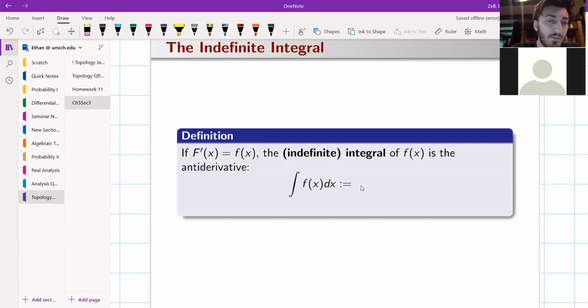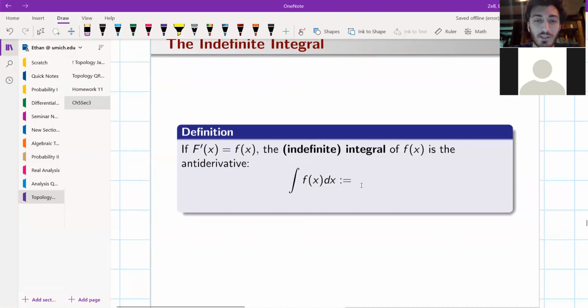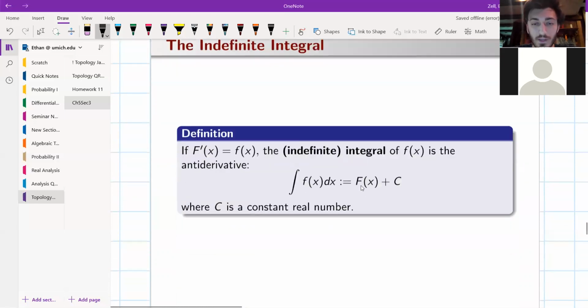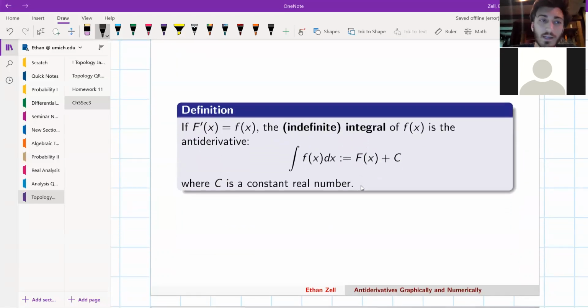So notice the main difference is the indefinite piece, right? The definite integral had bounds here, like 0, 1, for example, but here we're not requiring any of that. So it's going to be big F of x, plus c. And c here, again, is just any constant or real number.